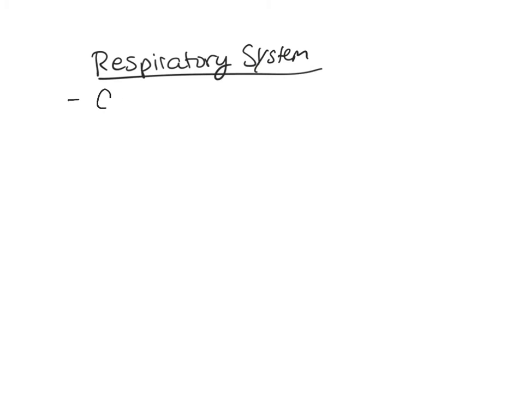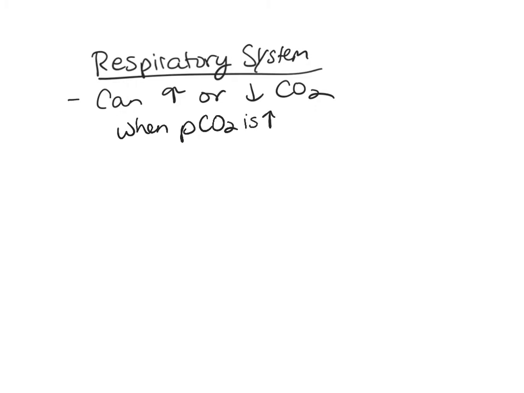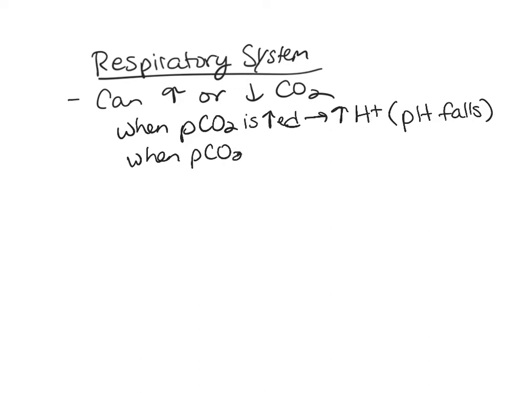The respiratory system can increase or decrease CO2. When the PCO2 is increased, that will cause hydrogen to be increased, and that means that the pH falls and it becomes acidic. When the PCO2 is decreased, that means hydrogen will decrease, and that means that the pH rises or becomes alkaline.